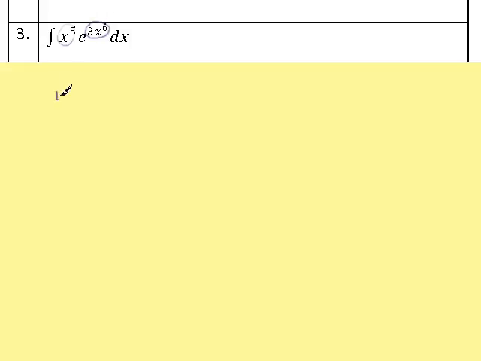So we're going to put u equal to that inner function, 3x to the 6th, and du is equal to 18x to the 5th dx. So we have 1 over 18 du is equal to x to the 5th dx.